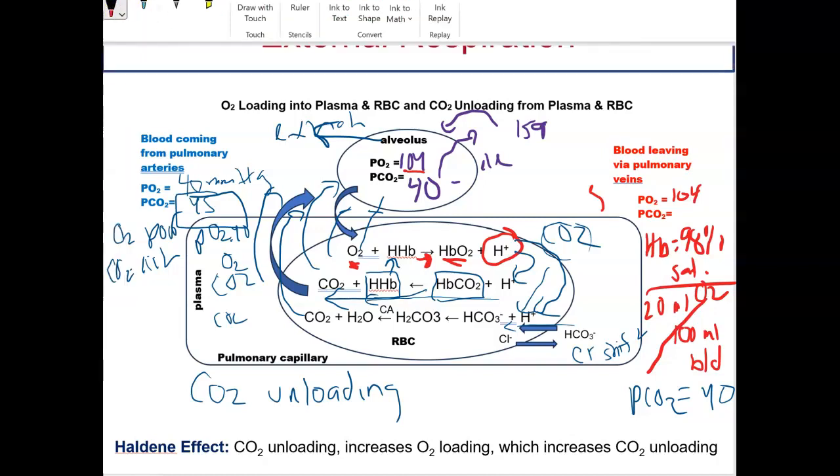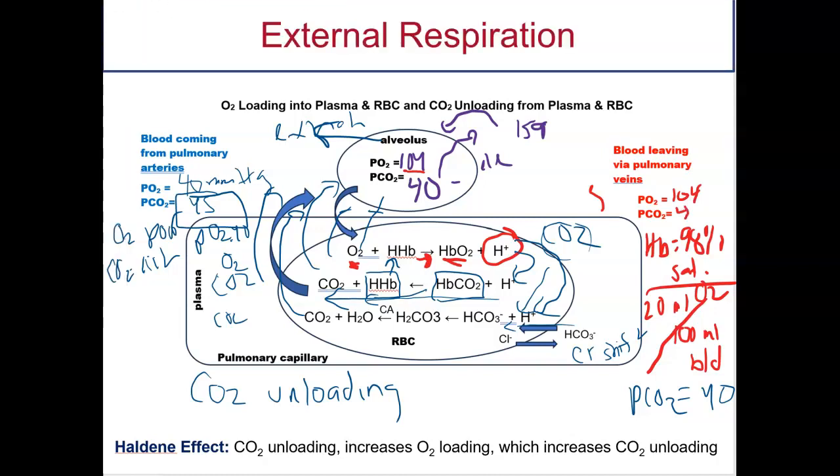Remember, my PCO2 is going to be 40. And we would say that oxygen is in my blood. My hemoglobin is 98% saturated with oxygen, and every 100 mLs of blood would have 20 mLs of O2. And that's how we wrap up external respiration. And in the next lecture, we'll look at internal.